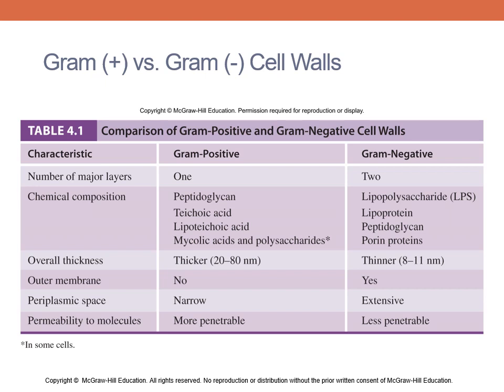These molecules don't pass the outer membrane as easily as they pass the thick layer of peptidoglycan in gram-positive organisms. Therefore, gram-positive organisms are generally more susceptible to antibiotics and other chemicals than gram-negative organisms.